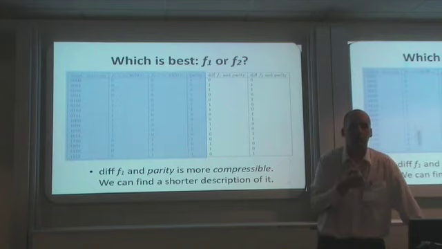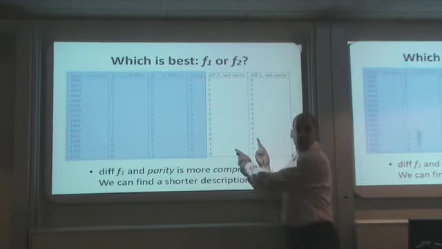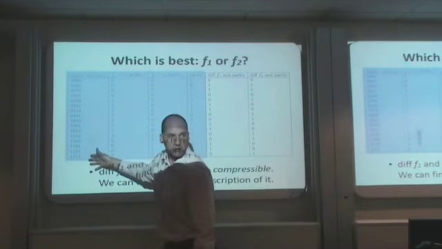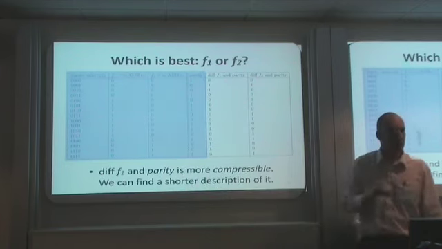If I change the order of the input, I will get F2 as more compressible. Yes, this could change. And how do you know it's not just arbitrary then? Well, this is the natural ordering. Well, there's a bigger problem.